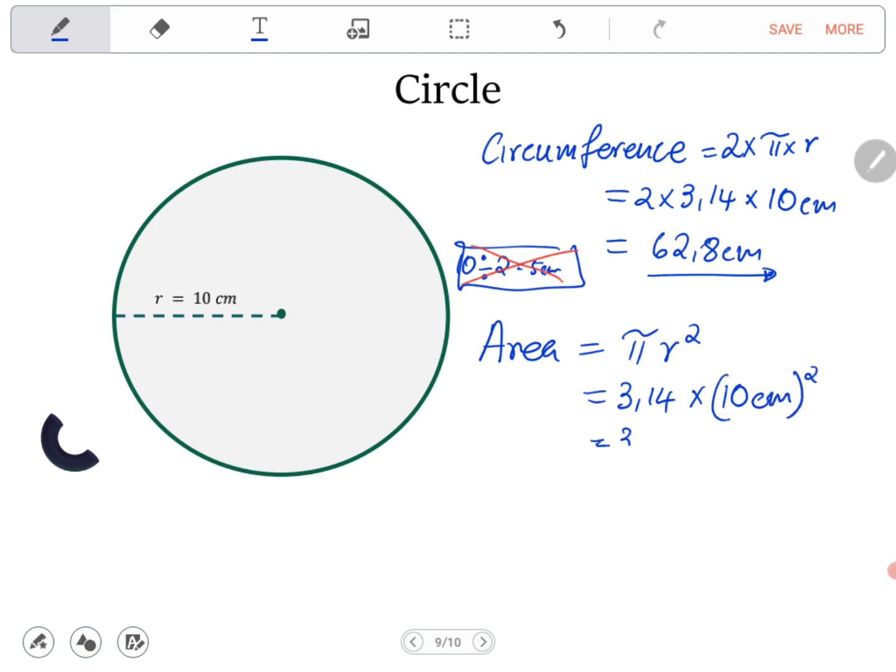So this will be 3,14 times 100 centimeters squared, and finally we'll have 314 centimeters squared as our final answer there. All right, and so I think that will be all for this lesson.